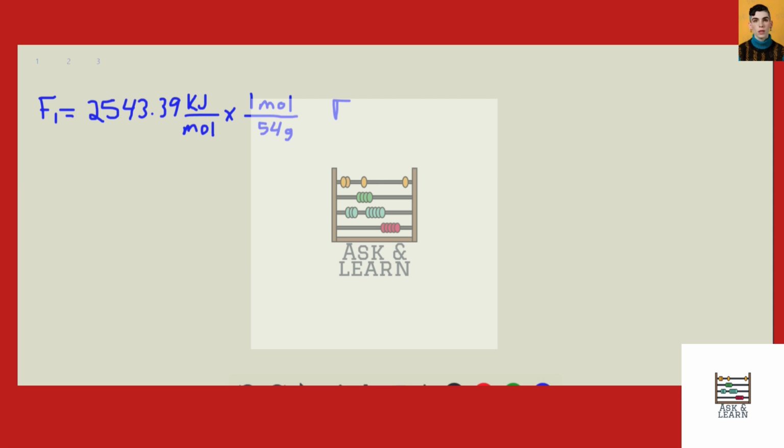So F1 is 2,543.39 divided by 54, which is 47.1 kilojoules per gram.